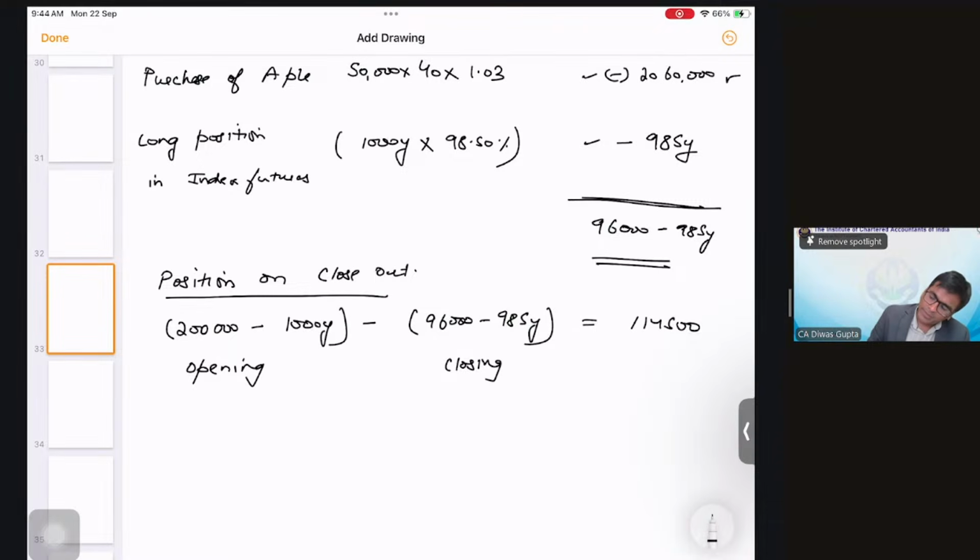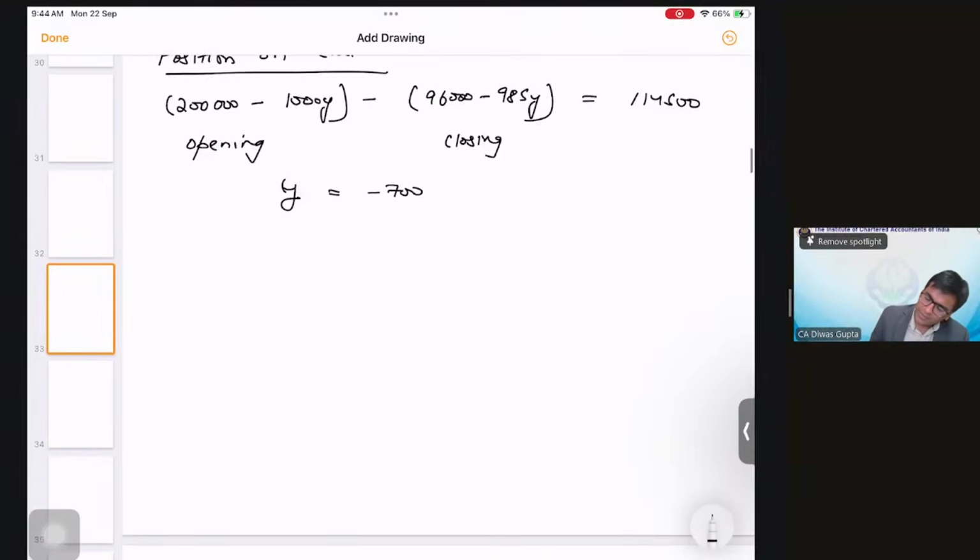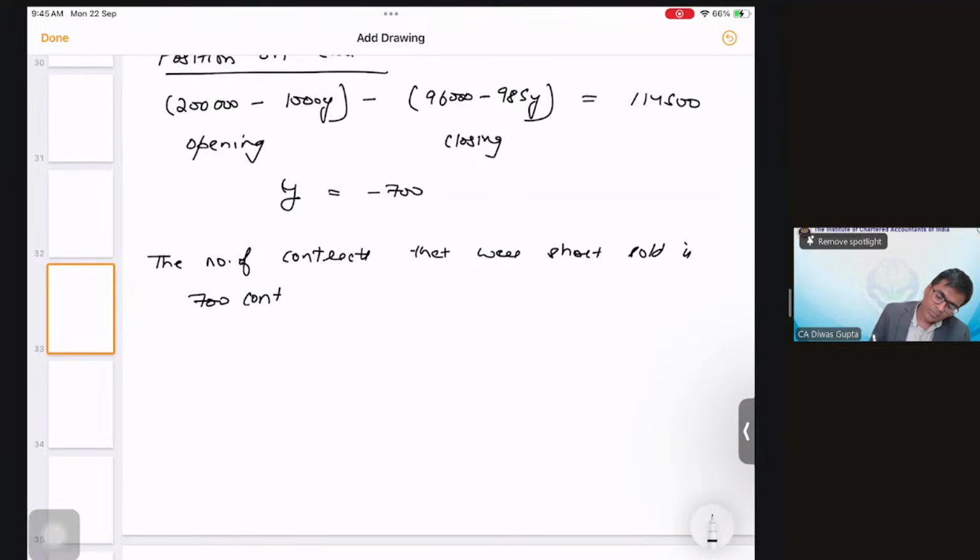This will be the closing. So if we solve for this, Y becomes minus 700. So the number of contracts that were short sold were 700 contracts. Clear?